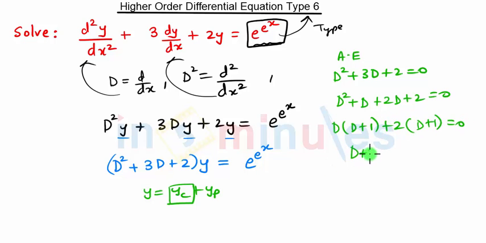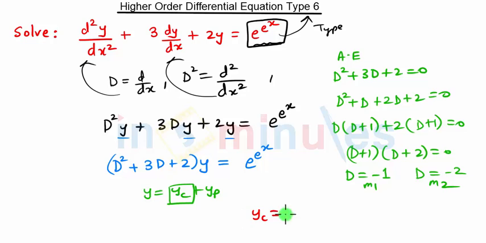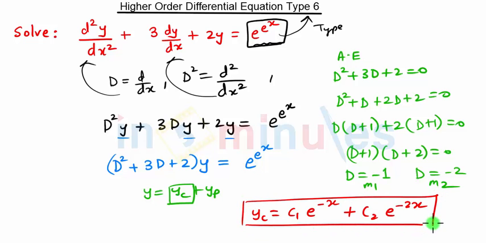Then we take D plus 1 common and we are left with D plus 2 equal to 0. So the roots are D equal to minus 1, which will be m1, and D equal to minus 2, which will be m2. For yc, the final solution will be given by c1 e raised to m1x, m1 is minus 1 so e raised to minus x, plus c2 e raised to m2x, m2 is minus 2 so e raised to minus 2x. So this is our yc.